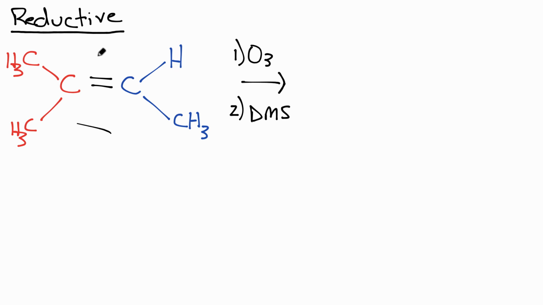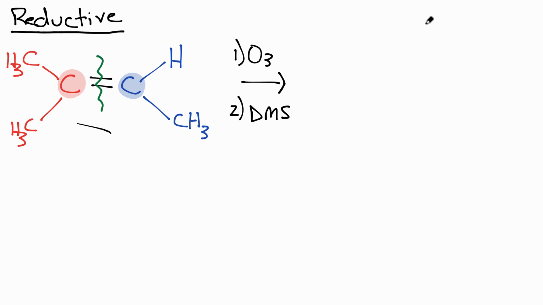The net result of what happens here is you're getting cleavage across this double bond, and each of these carbons, the one on the left ends up double bonding to an oxygen, and the one on the right ends up double bonded to an oxygen. So drawing the products, especially from this reductive workup, is pretty straightforward.